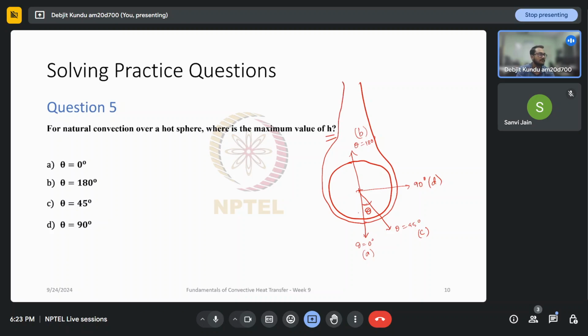So this is how the natural convection plume forms around a sphere and is moving upward. So where do you think the value of h would be maximum? Is it option A, theta equal to 0 degree? Is it option B, theta equal to 180 degree? Is it option C, theta equal to 45? Or option D, theta equal to 90 degree?